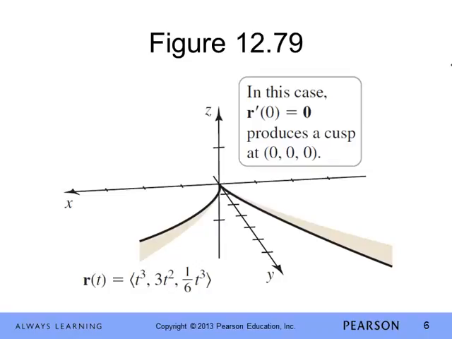But the derivative in this case is 0 at 0, 0, 0, meaning when t equals 0. So as long as r prime is not equal to the 0 vector anywhere on some interval, then you have a smooth curve.